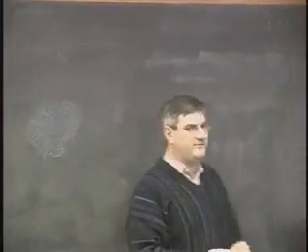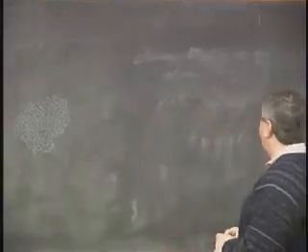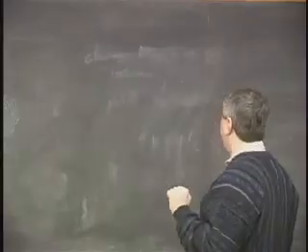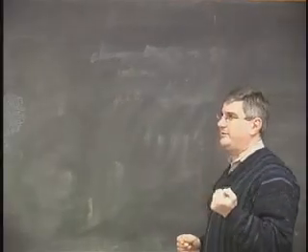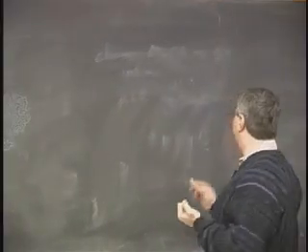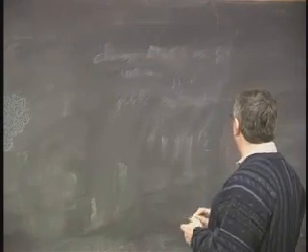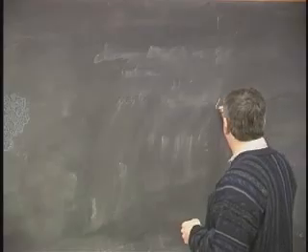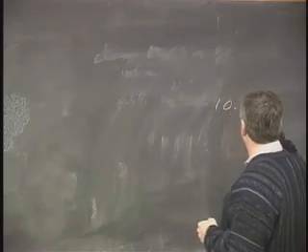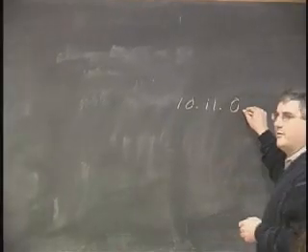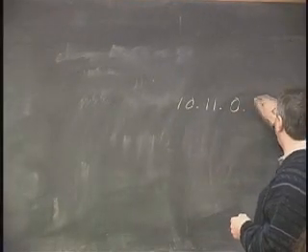At the moment, the current version is IPv4, I believe, where the addresses consist of four 8-bit units, 4 bytes, which are usually written as dotted numbers. So let's see, I believe our internal IP addresses are all 10.11.4 and then some other number.